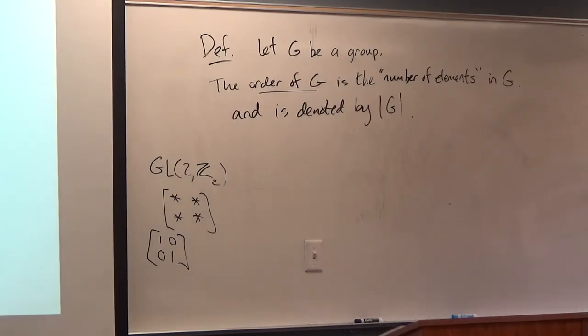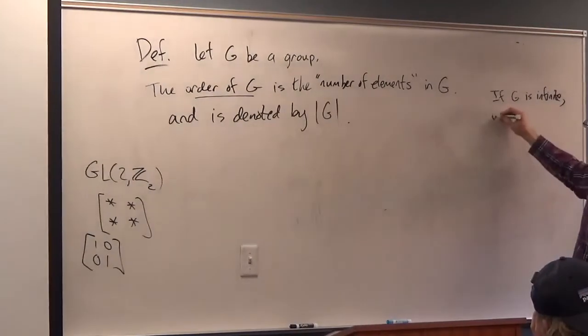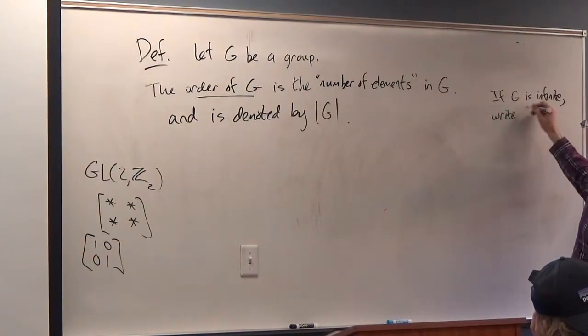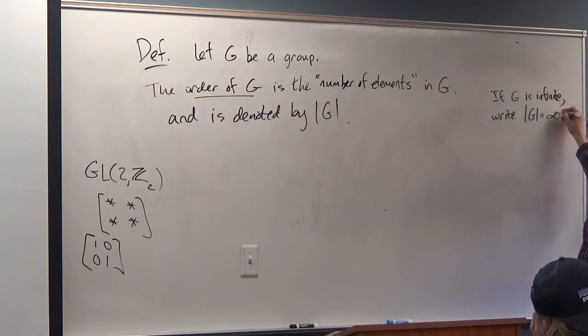What if G has infinitely many elements? Then you could just say it's infinite order. And if G is infinite, I won't mark it wrong if you write that the order of G equals infinity. I will not mark that as wrong because we'll take that as a valid shorthand.